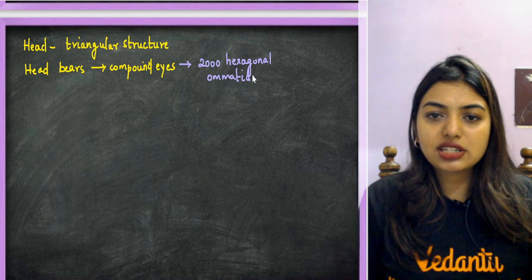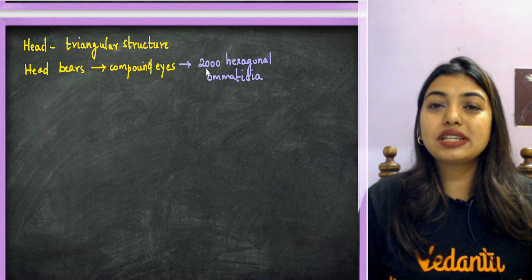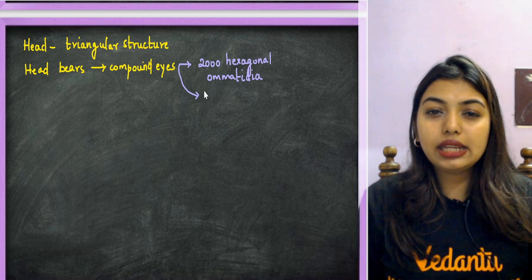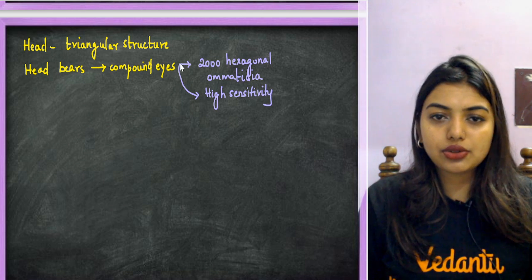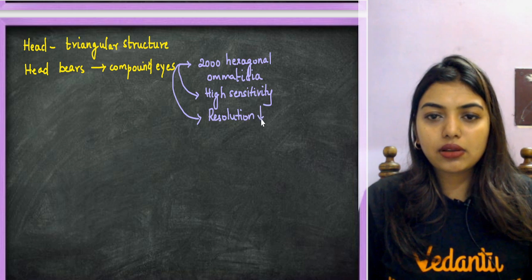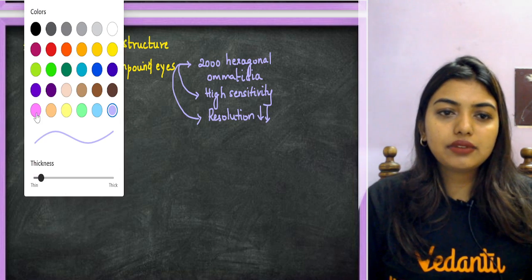Only if you understand a little now, it will be easy for you later. So in compound eyes, we have around 2000 hexagonal ommatidia. These eyes have high sensitivity but low resolution.